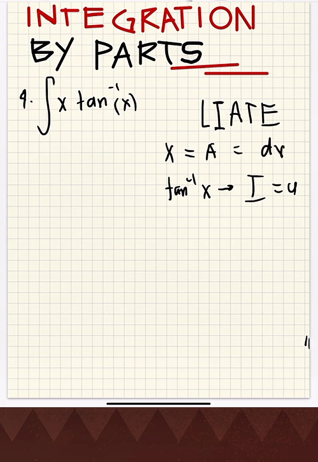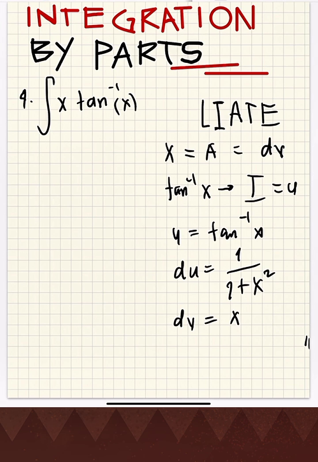So u is equal to arctangent x, whose derivative is 1 over 1 plus x squared, and our dv is x, and the antiderivative of this, v, is equal to x squared over 2. Substitute it in our formula, which is uv minus integral of v du.